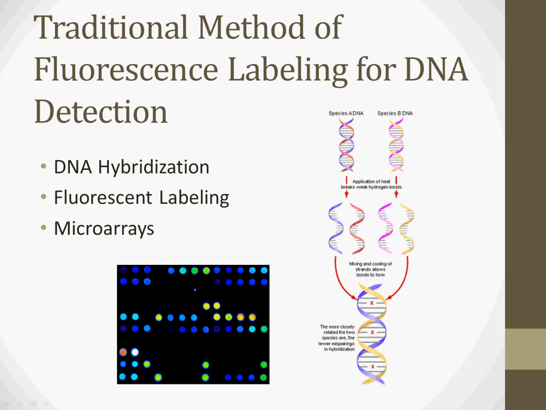In this particular experiment, DNA hybridization is performed with fluorescent labeling. DNA hybridization is a technique that measures the degree of genetic similarity between pools of DNA sequences. The method of hybridization is: first, the DNA of one organism is labeled. Then it is mixed with unlabeled DNA to be compared against.